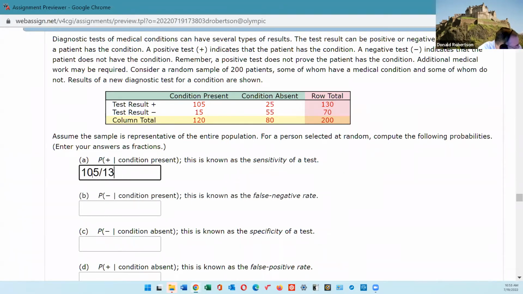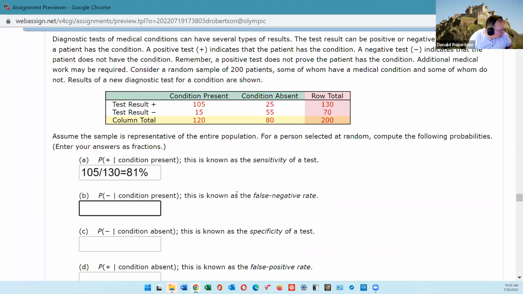Do they tell you what they want? Oh, they want fractions. Okay, that'll do. Now, I'm turning that number into percentages because my brain doesn't like weird fractions. So 105 out of 130, that's about 81%. Just easier in my brain. 81%.